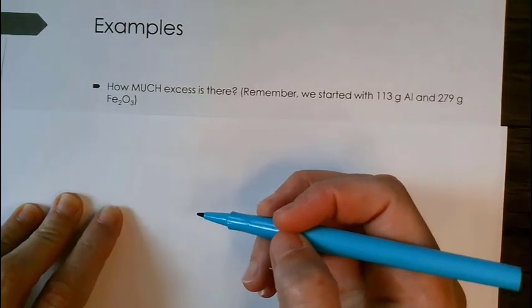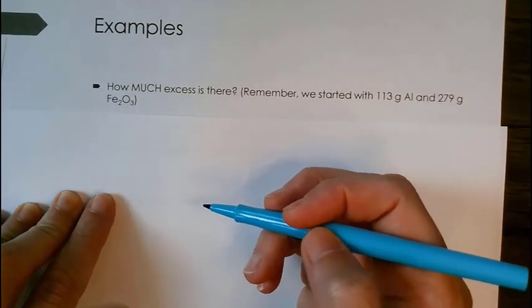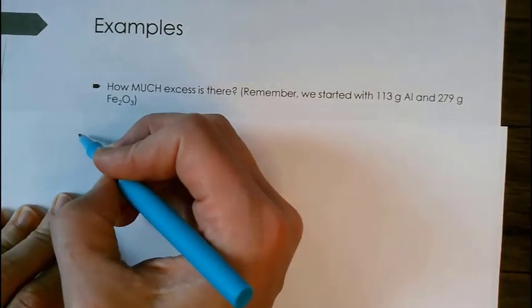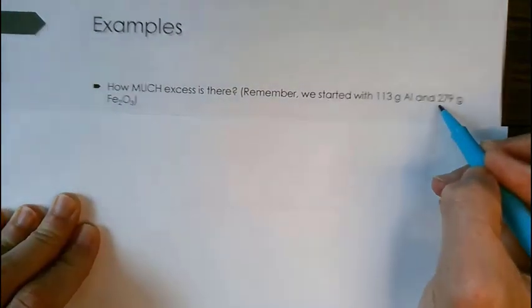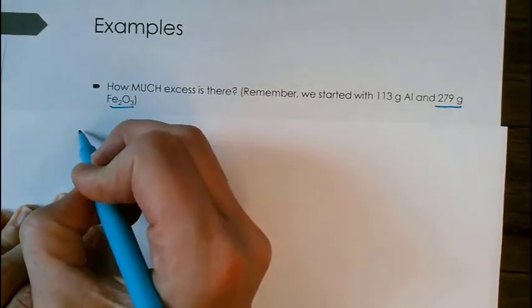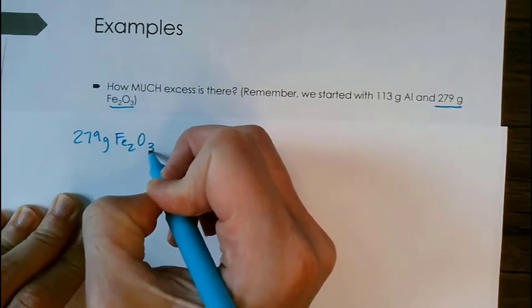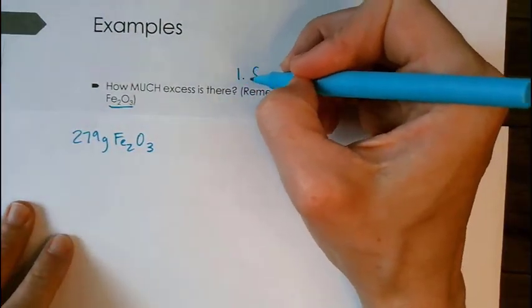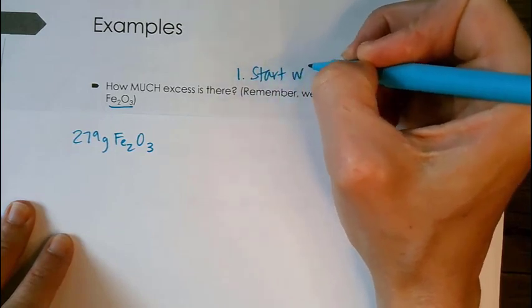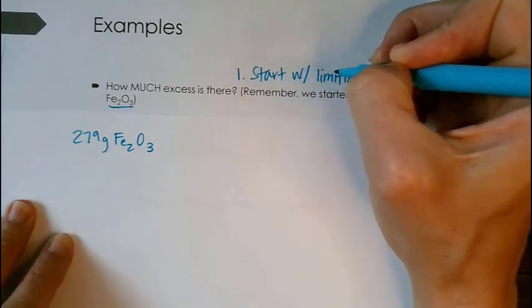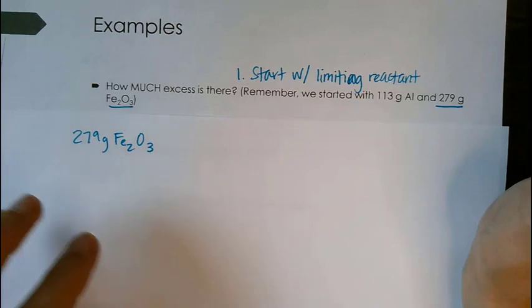Now let's figure out how much excess there is. We said just a second ago that our limiting reactant was our Fe2O3. So I need to start with my 279 grams of Fe2O3 because that is my limiting reactant. So number 1, start with the limiting reactant.